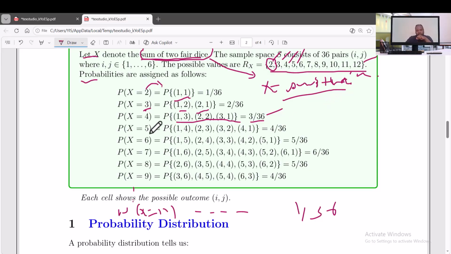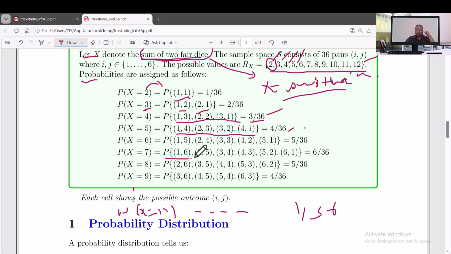For example, the probability of x equals 5 is 4 over 36. How many favorable outcomes are there whose sum is 5? We do have 1, 2, 3, 4. So 4 over 36.